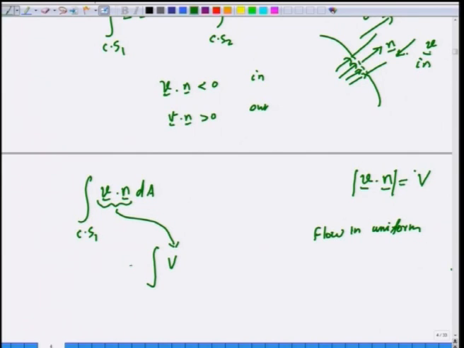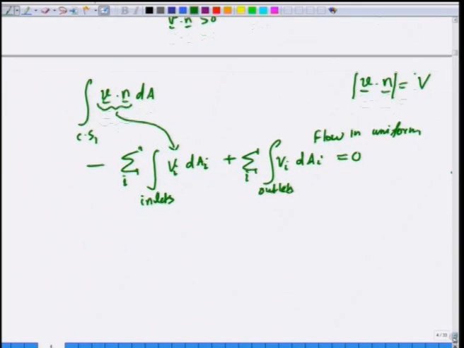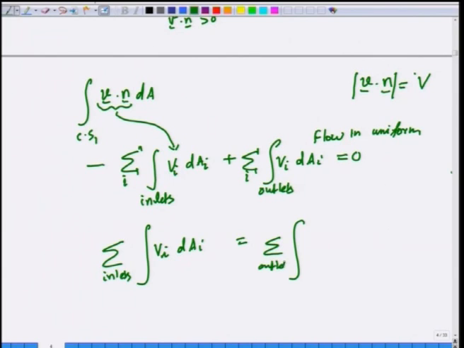If it is an inlet, we will put a negative sign, for all the inlets: minus summation over all the inlets plus summation over all outlets is 0, where I denotes all the indices. So in general we have the summation over all inlets of integral Vi dAi equals the summation over all outlets of integral Vi dAi.